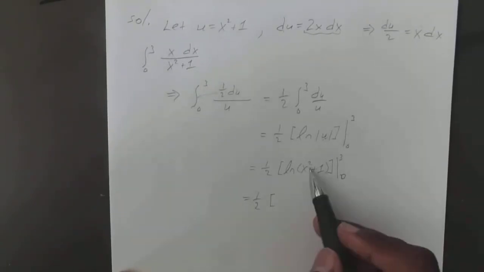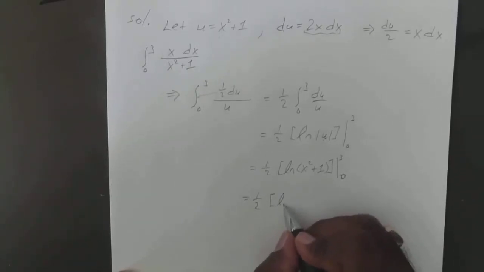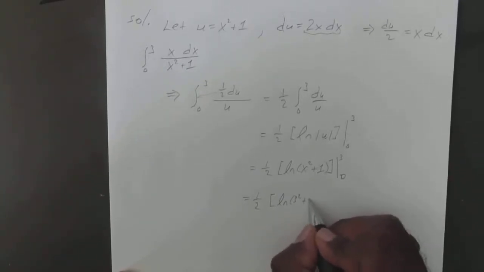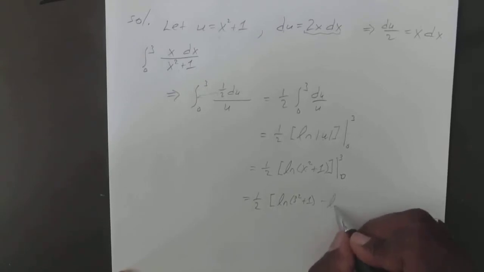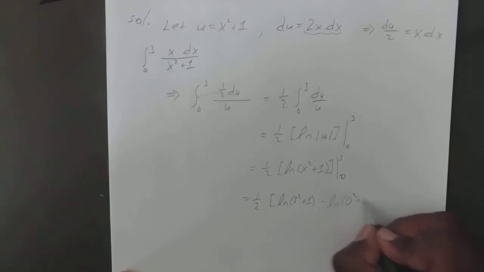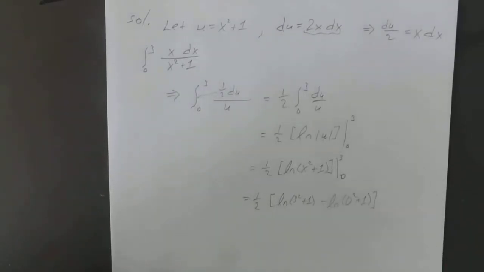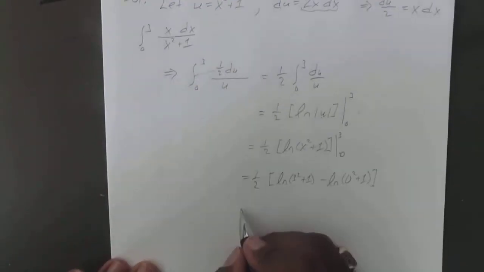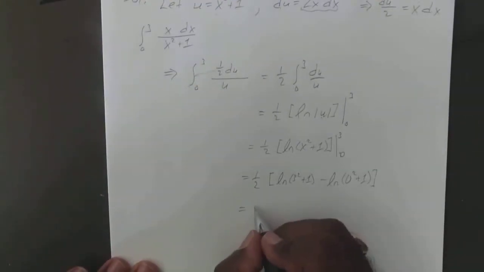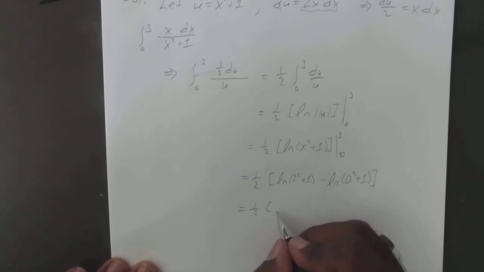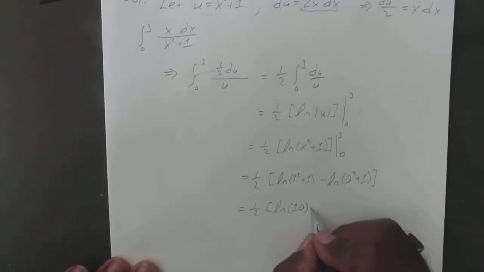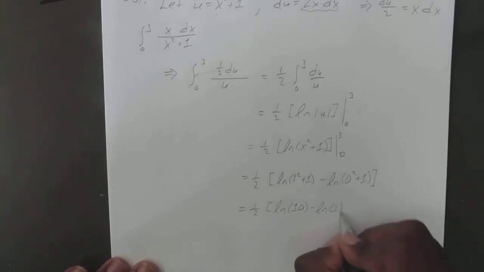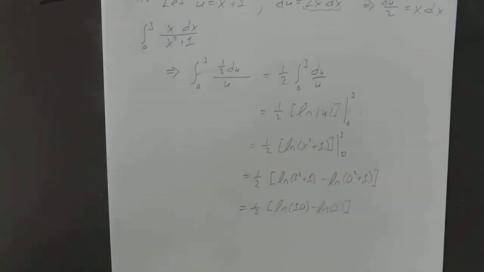All right, so we plug those in. We have 1/2 times natural log of 3 squared plus 1 minus the natural log of 0 squared plus 1. So you end up with 1/2 times the natural log of 10 minus the natural log of 1.